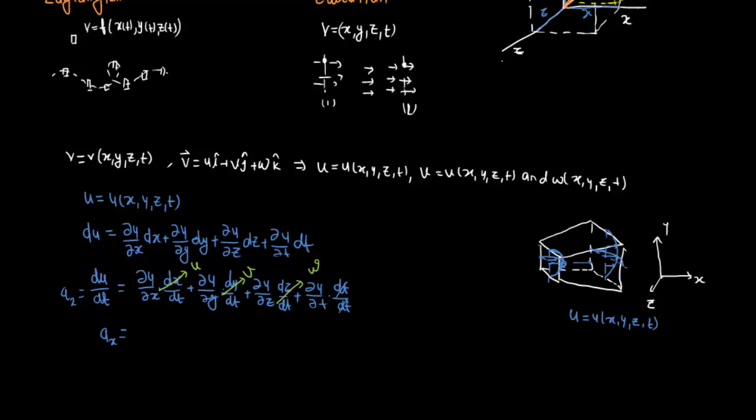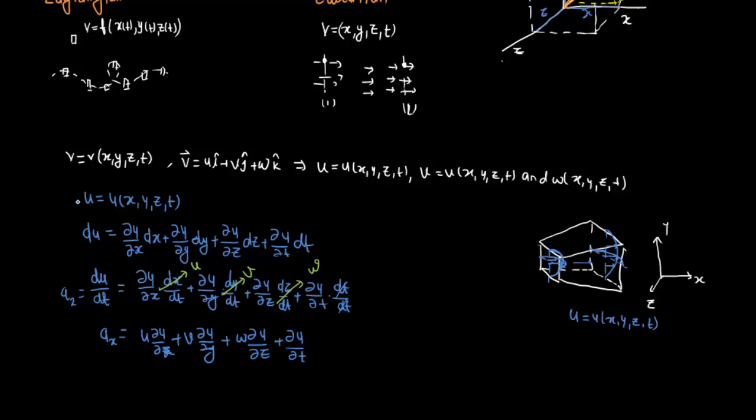So we can rewrite this equation as u del u by del x, plus v del u by del y, plus w del u by del z, plus del u by del t. So this is representing the acceleration of the fluid particle in x direction.